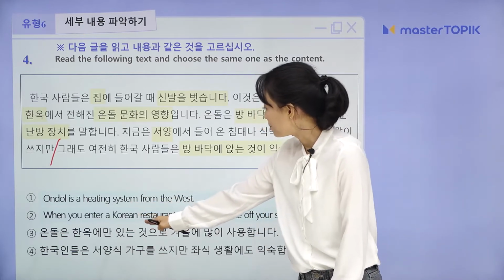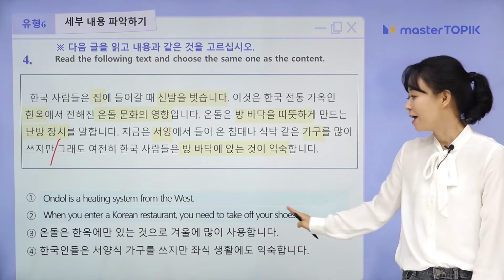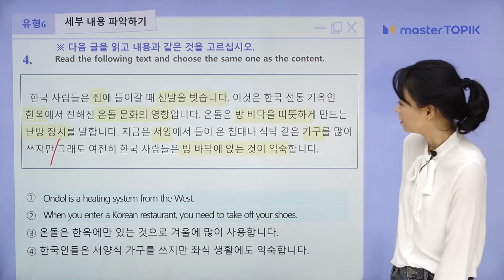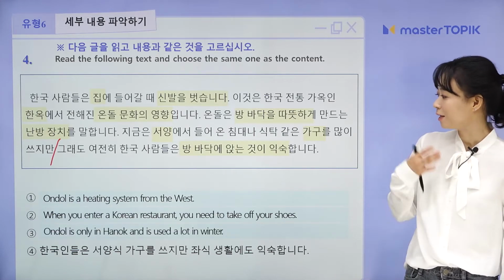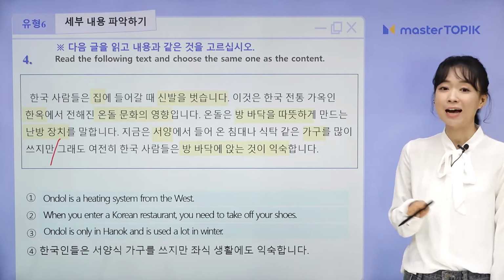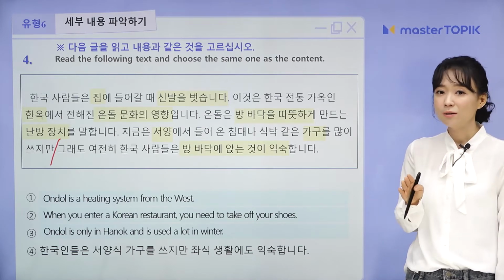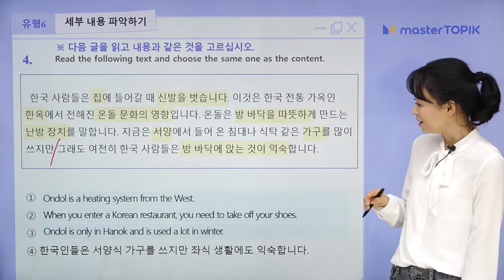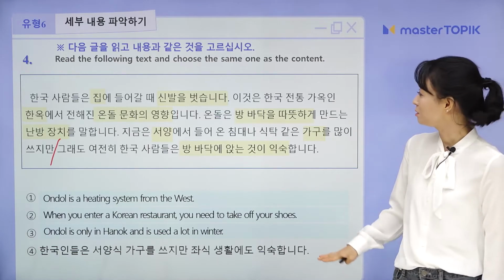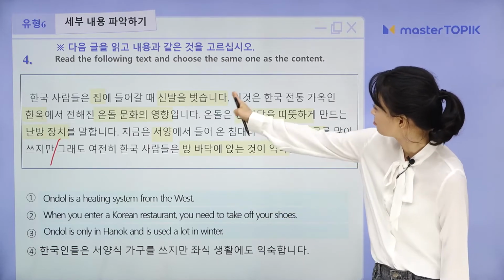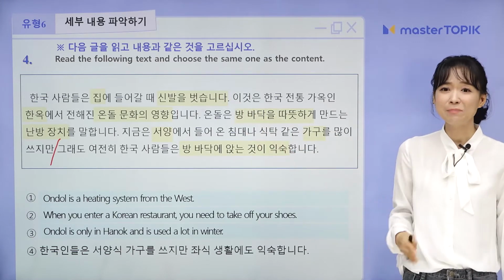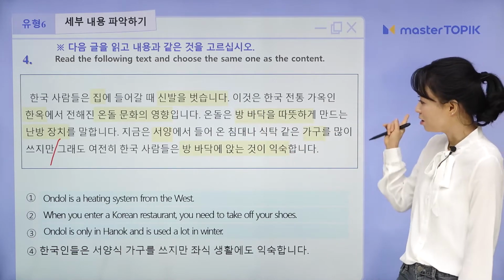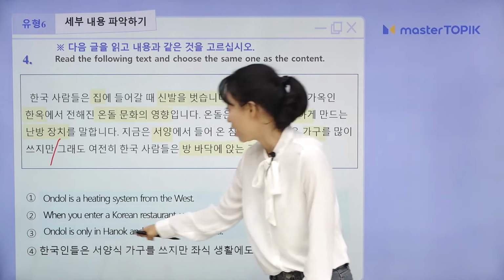Number 3, 온돌은 한옥에만 있는 것으로 겨울에 많이 사용합니다. So 온돌 is only in Hanok and is used a lot in winter. Well, since this is a heating system, yeah, probably it is used a lot in winter, but winter, 겨울? No, they didn't mention it. And again, only in Hanok.